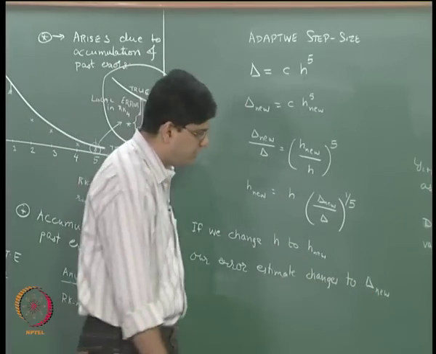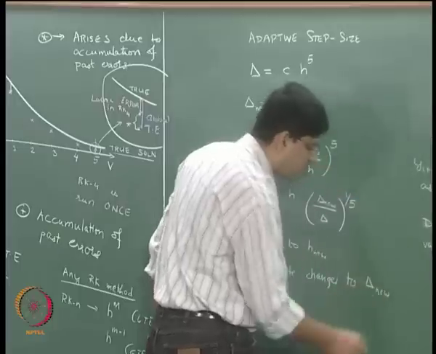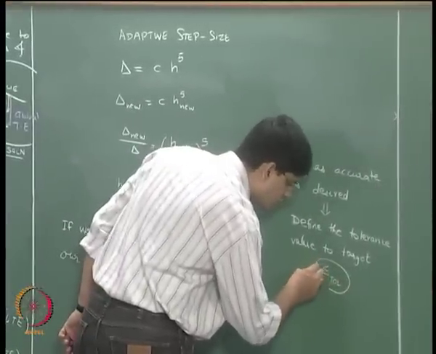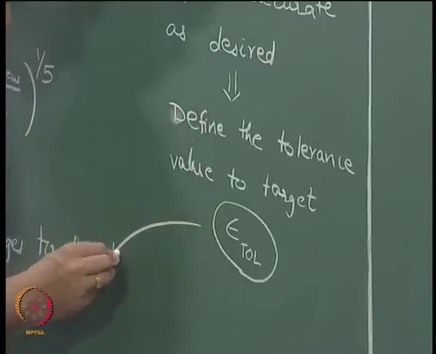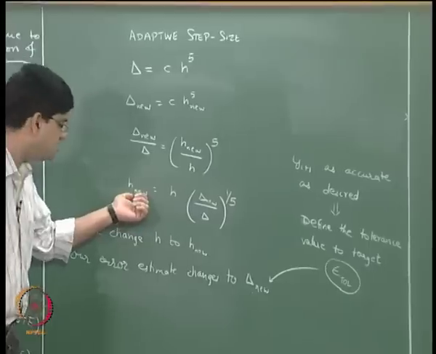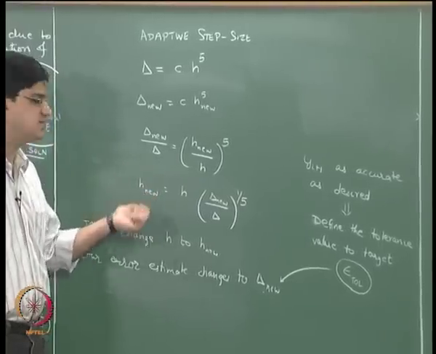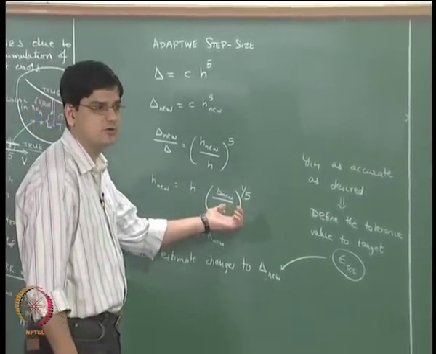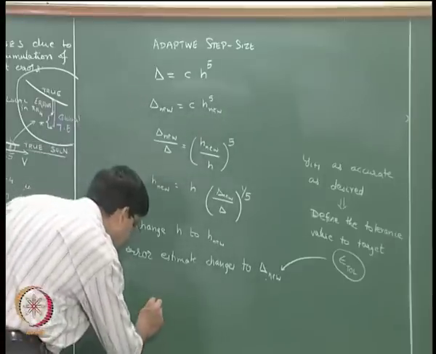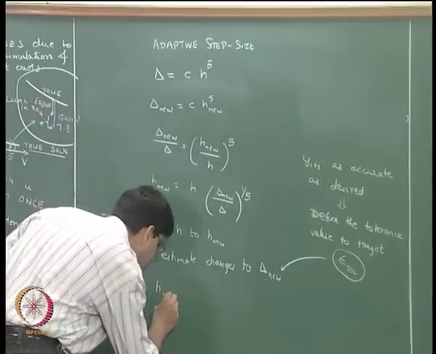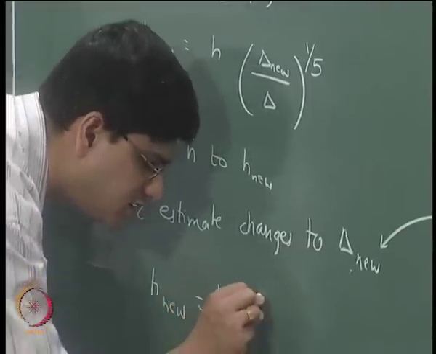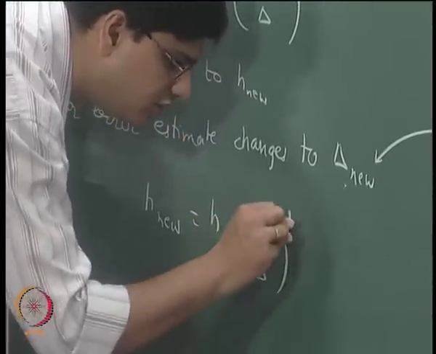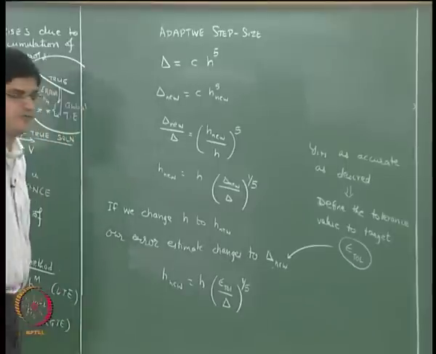Now instead of choosing delta nu arbitrarily, if we choose delta nu equal to the tolerance value, then the h nu that we get is the step size that will help us reach that tolerance value. So h nu is going to be h multiplied by (epsilon tolerance divided by delta) to the power 1 by 5.